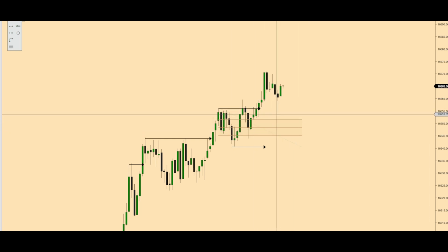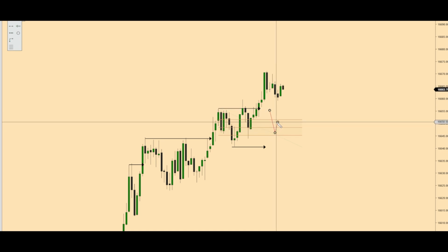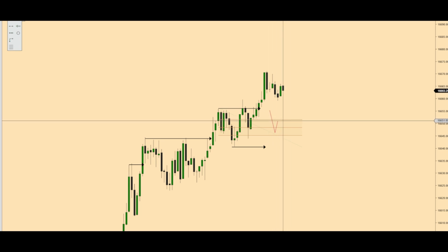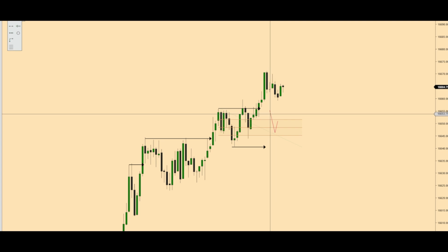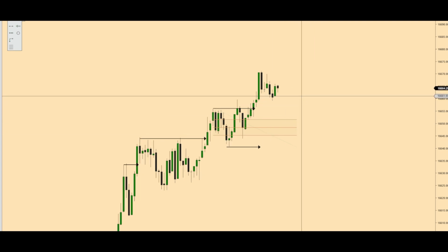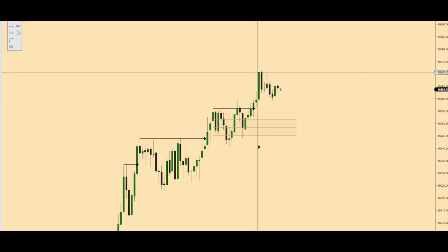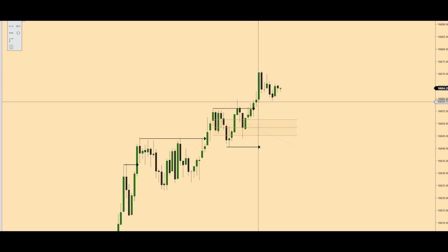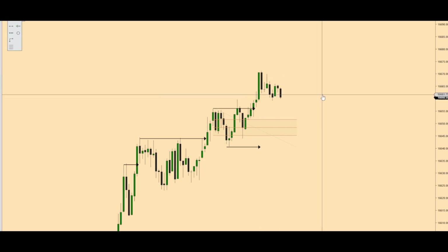The idea being, if we come down in here, get a nice reaction, we put a buy stop above this candle, and then we take that 1-to-1 out of there. We have this low.